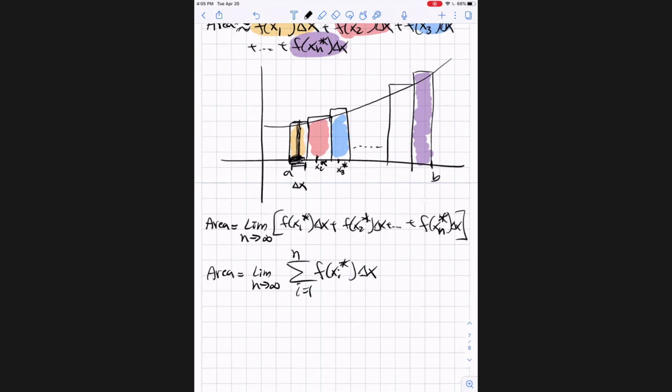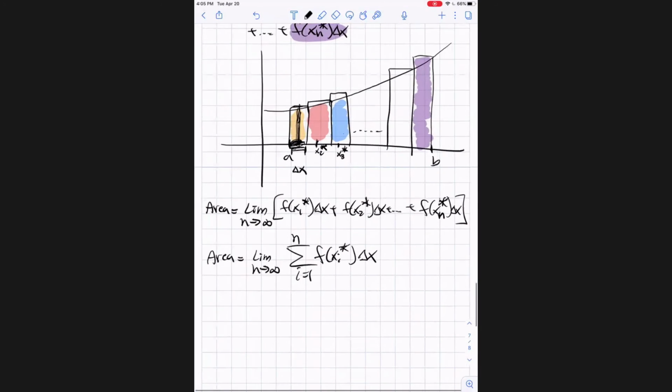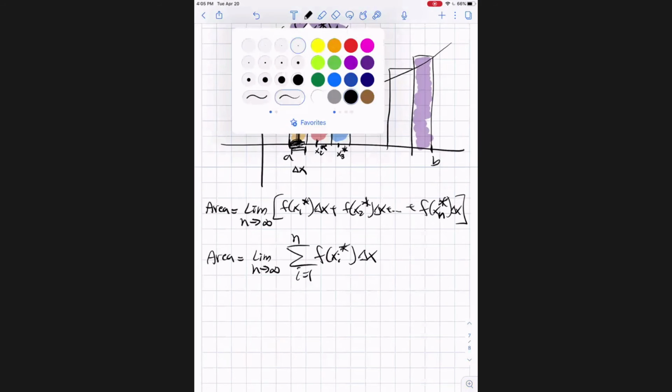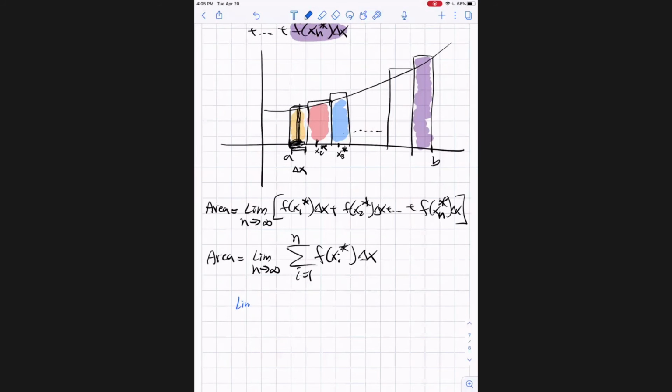So that's the limit. We're taking the limit of the Riemann sum.